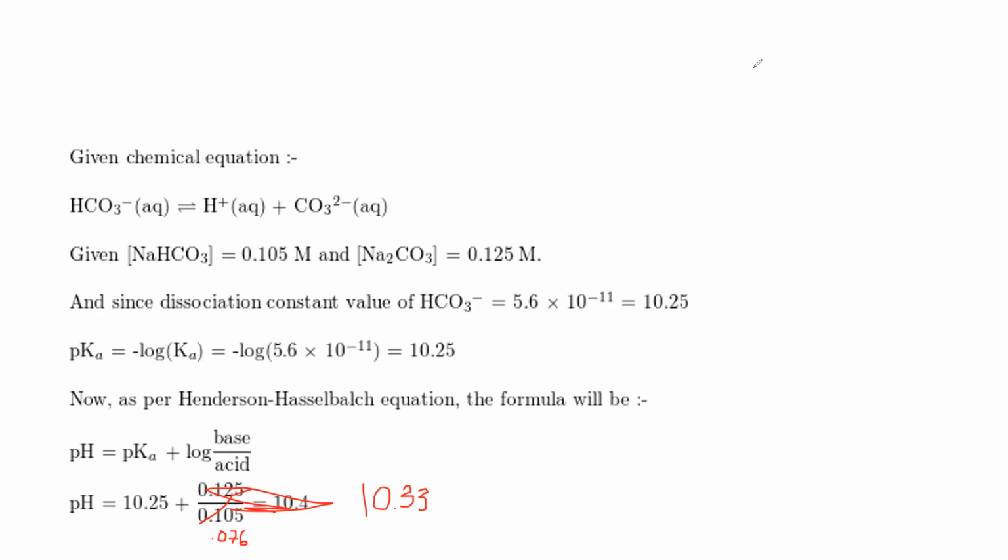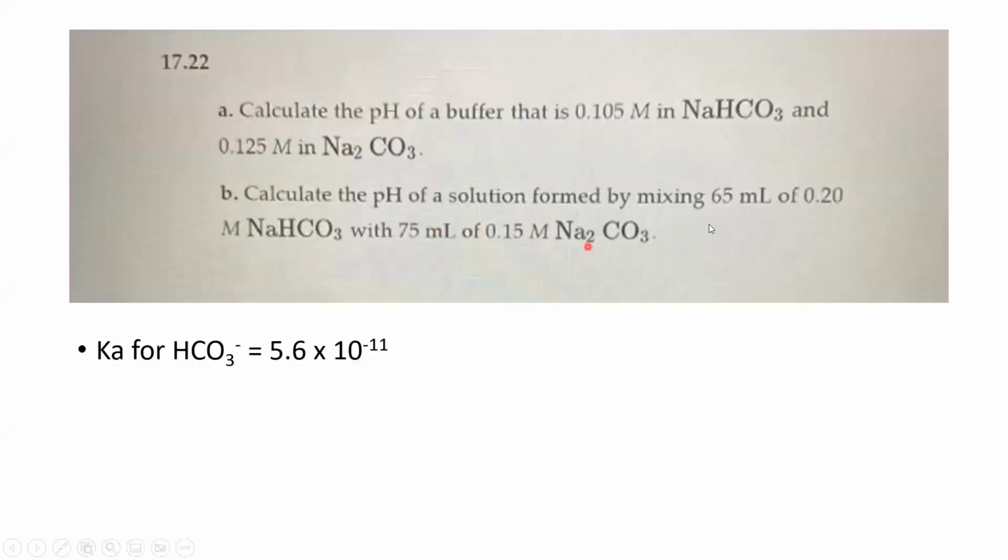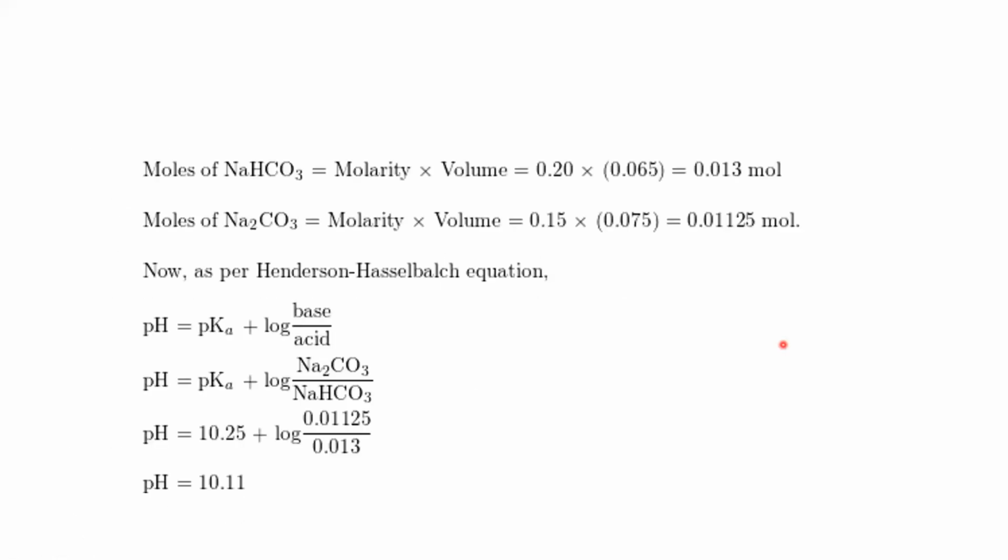And then for the second one, if we go back for a second, this one's going to be very similar. It's just in this case, we're mixing two solutions. So we've got to do M1V1 is equal to M2V2 to figure out what those new concentrations are.